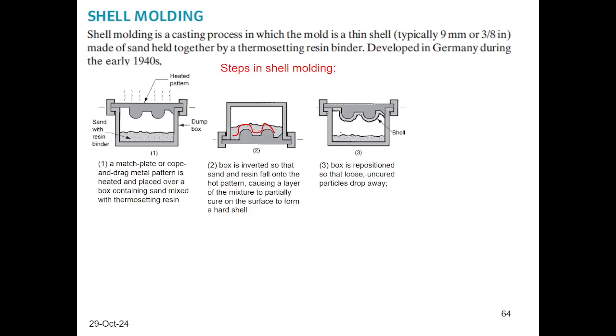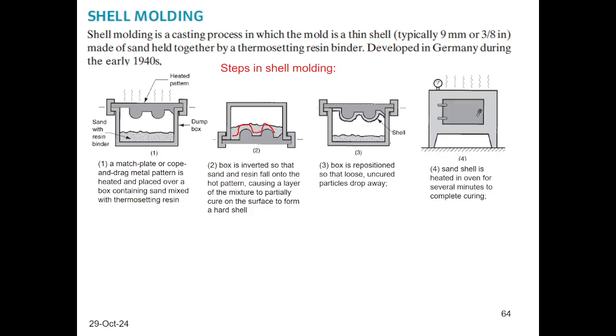Uncured particles drop, but the cured layer keeps its place. It is a thin layer, it is a shell, and it is in the geometry of the casting. It is in the geometry of the product.